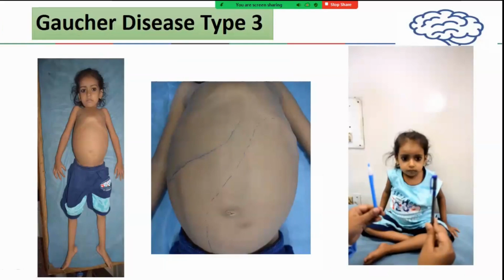You can see this girl who's so emaciated with this massive organomegaly, and she had severe anemia with multiple platelet and PRBC transfusion. So for the eye signs, apparently, if you look at this child, the eyes appear normal. There are no neurological manifestations. So to look for these abnormal eye movements, that's this.